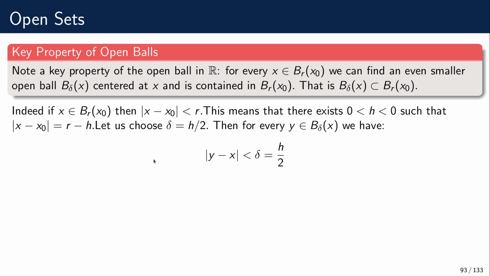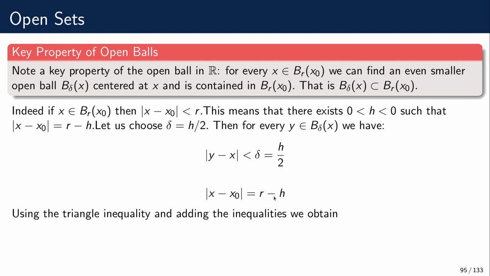So first of all, the distance from y to x is smaller than delta, and delta is h over 2, right? And in addition, we also have that the distance between x and x0 is r minus h, right? So now let's use the triangle inequality. This is the importance of the triangle inequality in showing this property of open balls.